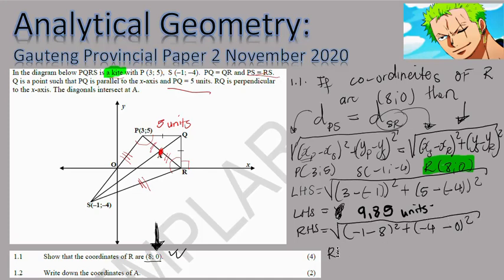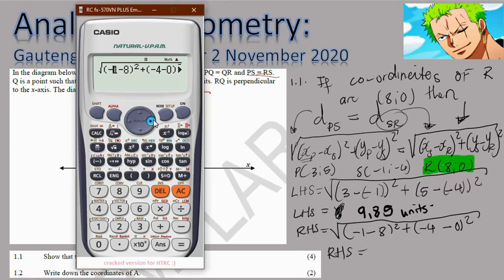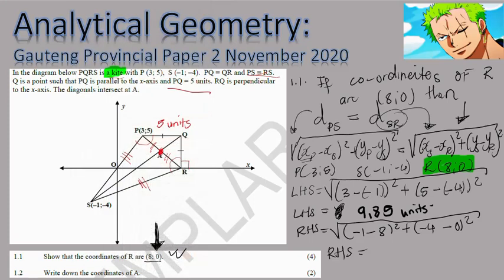And then my right hand side will be equal to, let me take out a calculator. And with this one too, I'm also getting the same value. You see that all those values give me √97, which is 9,85. So I'll put 9,85 here.